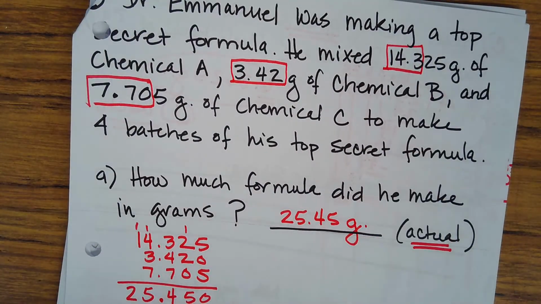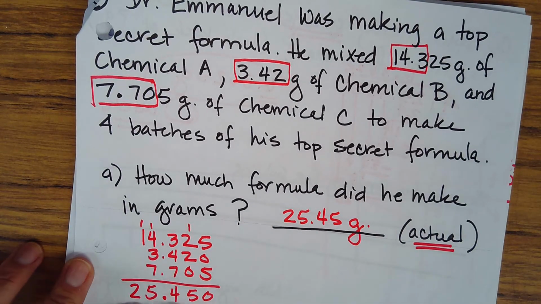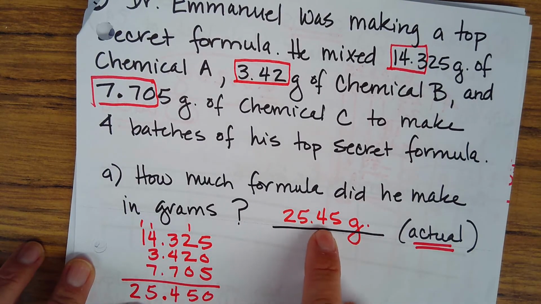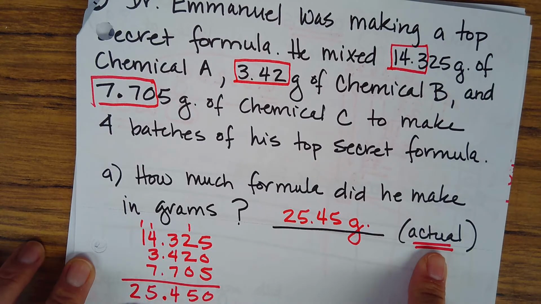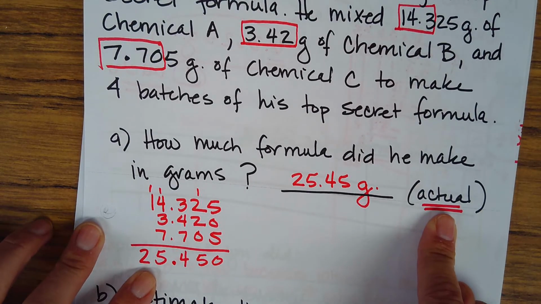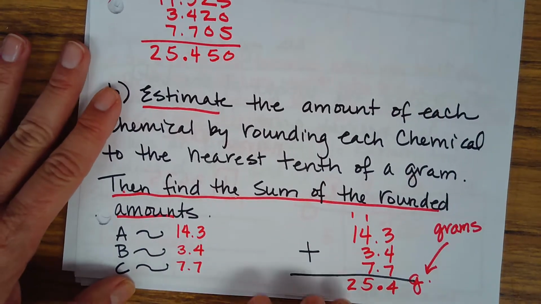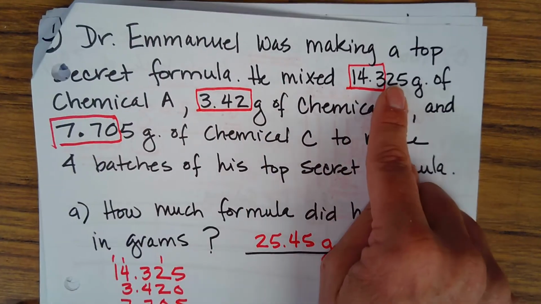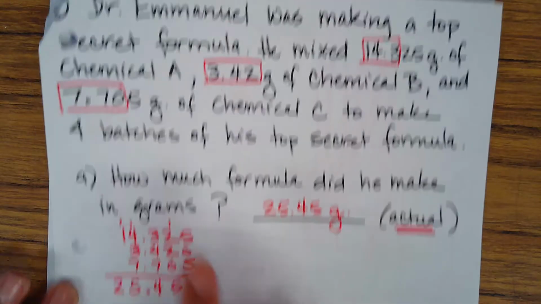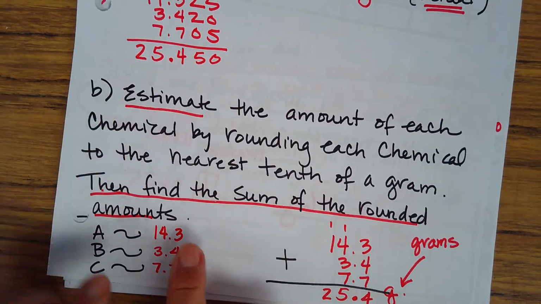So I take my numbers from up here, I add them up, and I get 25.45 grams. That's the actual amount, the accurate amount that he made. Then on the estimating part, I took my numbers from A, B, and C, and I rounded them.